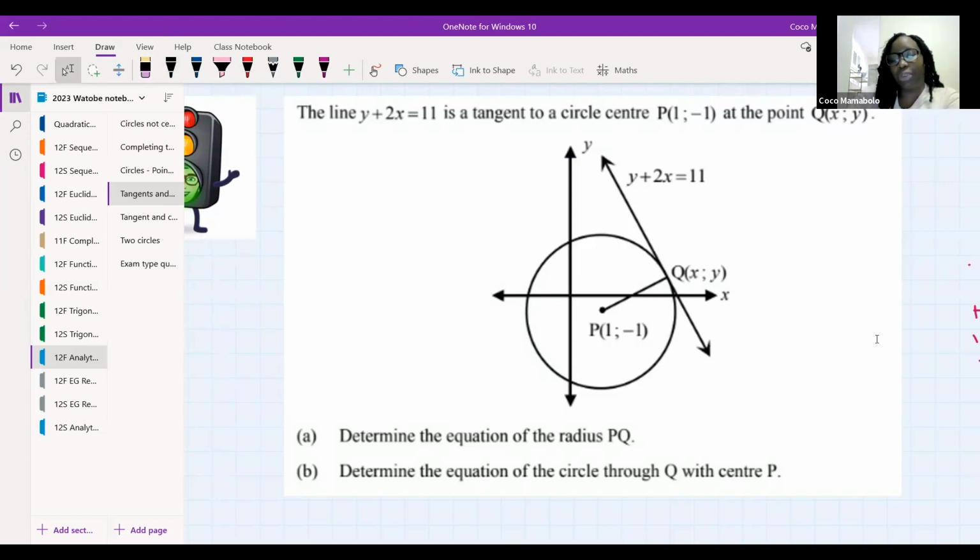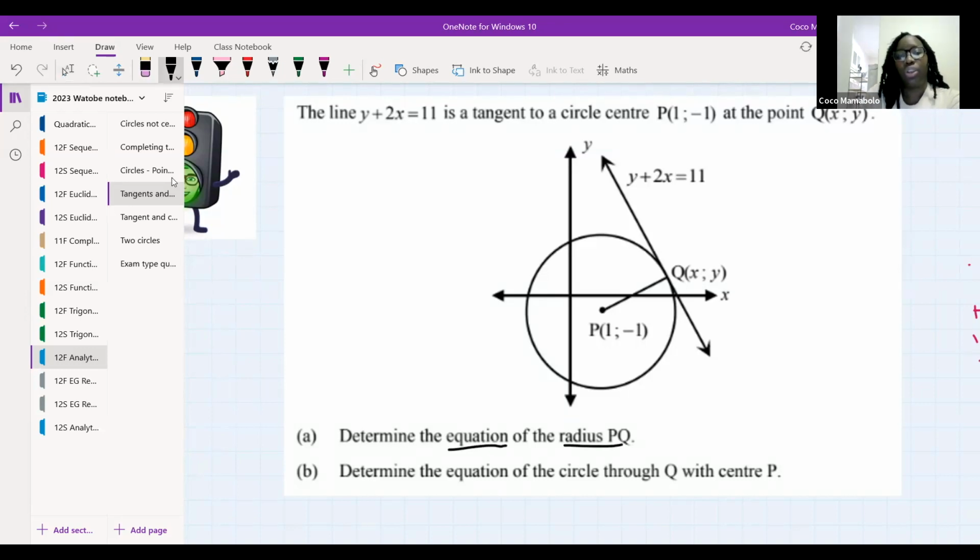Straight line, Teddy, we're looking for a radius. Yes, Zinke. M tan times m radius. Not quite, guys. Remember, we're looking for the equation of the radius, not the actual length of the radius.